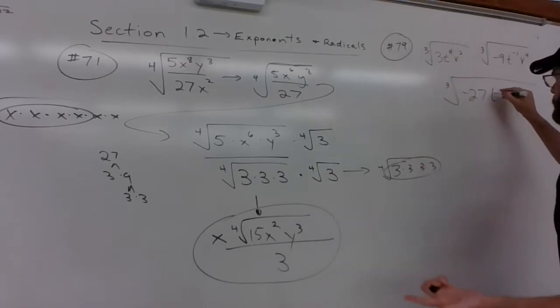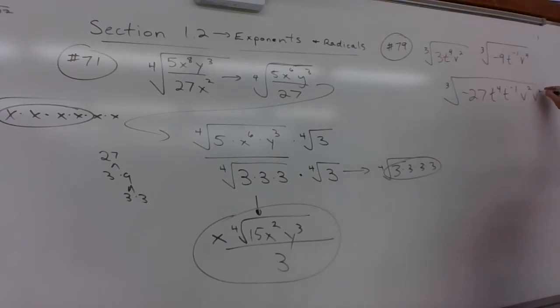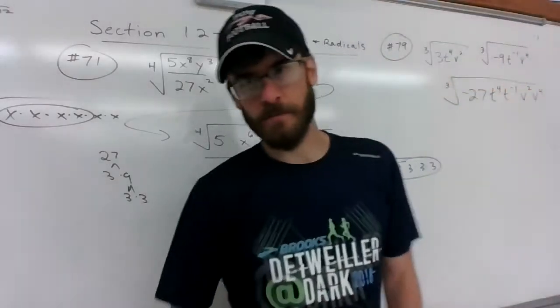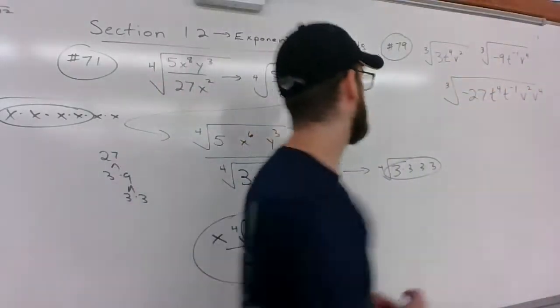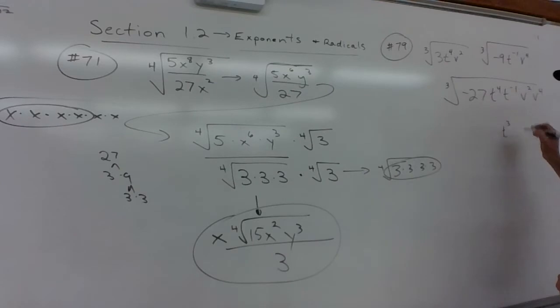I'm just going to put them side by side, same with these two, so we can break it down the best way. Since they're side by side, you can just call it 4 plus negative 1, which is t cubed. You get negative 27 over here. Add these together because they're multiplied side by side. That's v to the 6. Everybody's still under the cube root. Now, put it all together.